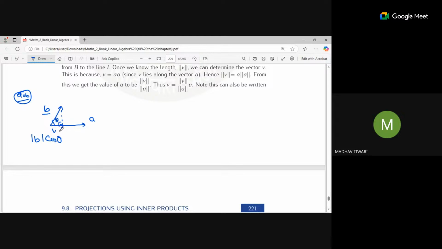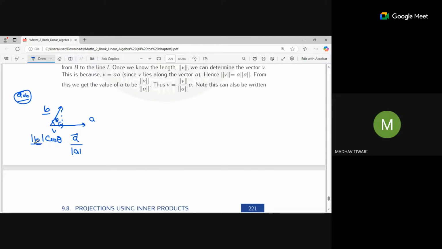But this is only the length of this vector; I am not getting the whole vector. So I have to multiply it by a unit vector in this direction, that is, vector A divided by magnitude of A.